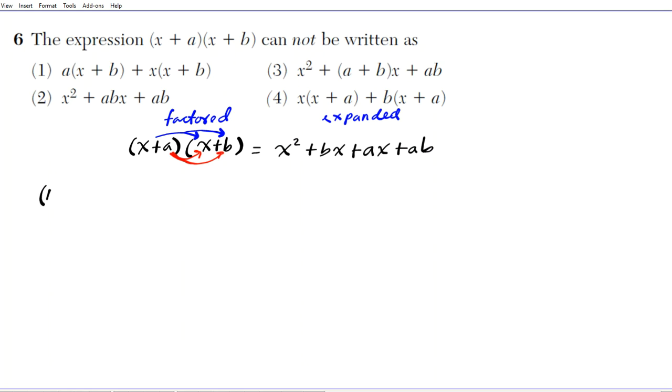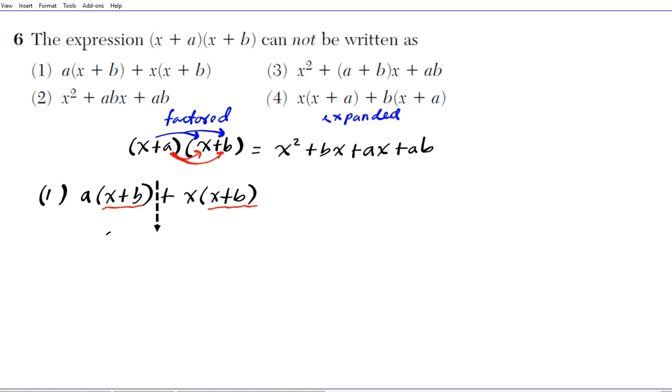We have a times x plus b plus x times x plus b. Now if you take a look at this, we can factor this by grouping. Just divide down the center. Now what you have is two identical quantities, x plus b and x plus b, on both sides of the partition. So what can that enable us to do?